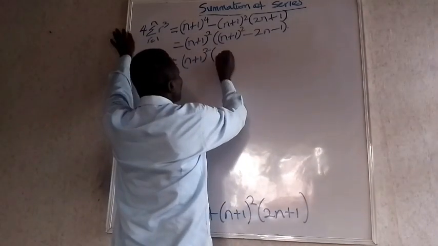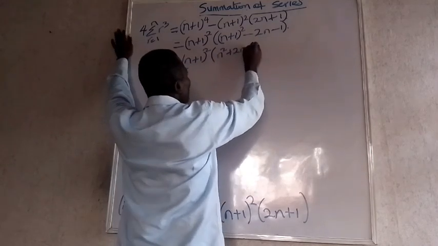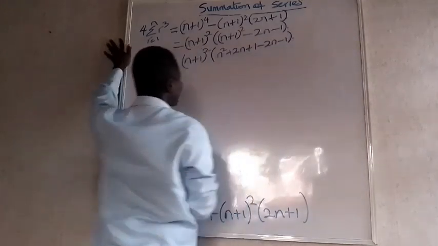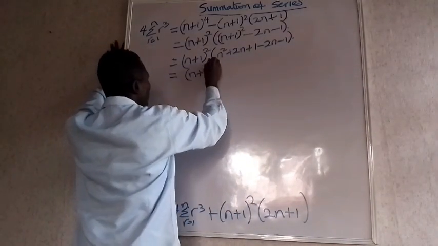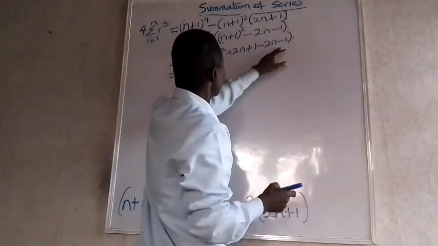into n squared plus 2n plus 1 minus 2n minus 1. And that gives me n plus 1 all squared into n squared.